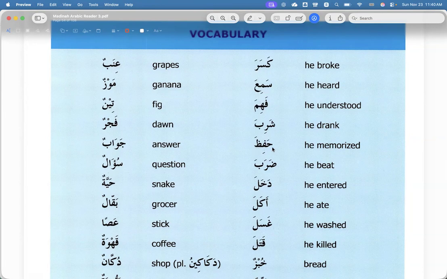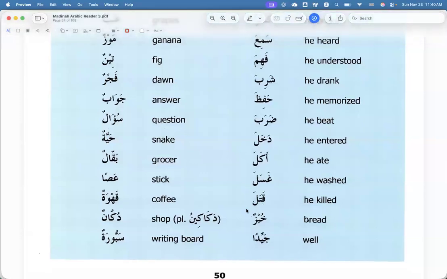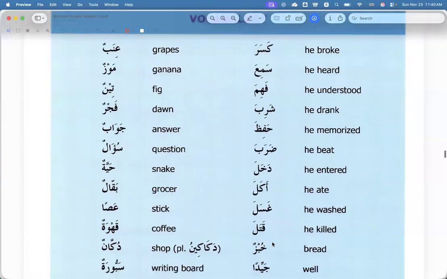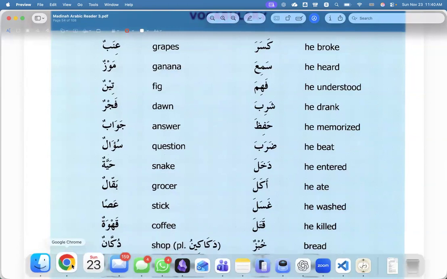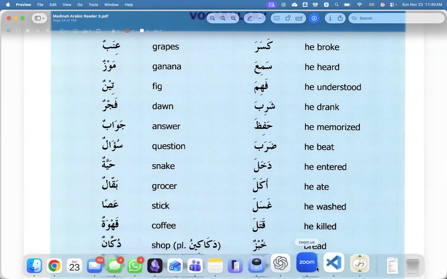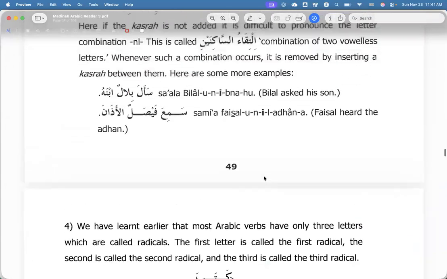Hafiza, he memorized. And then this is daraba, dakhala, akala, ghasala. Akala, he ate. Ghasala, he washed. Qatala, he killed. I don't think they have an example. What is an example? I can't think of it. It'll come to me, inshallah, later. But there are verbs like that, okay? Just remember that. Don't let that throw you off. Okay, let's continue with the lesson.